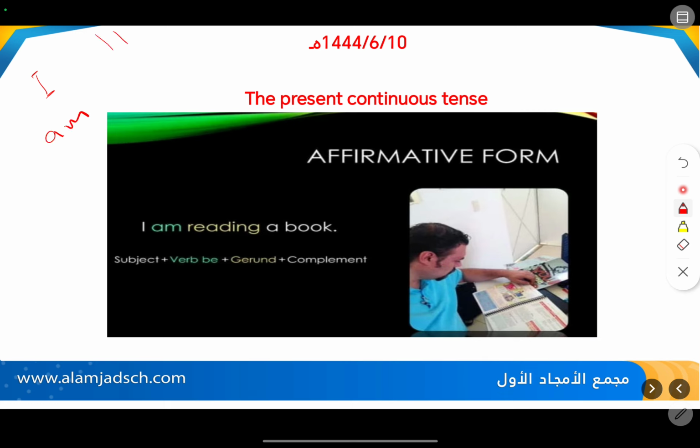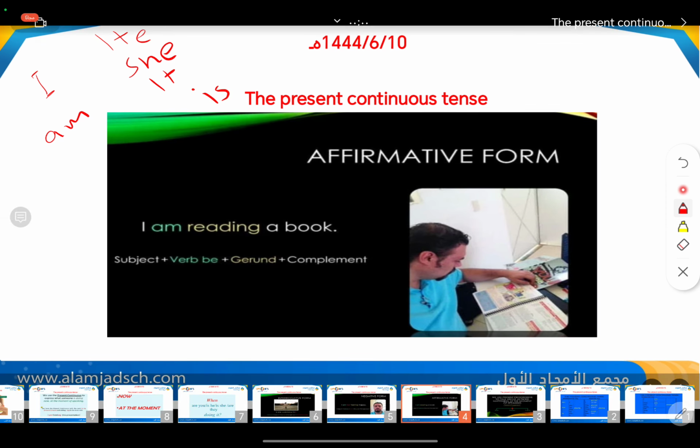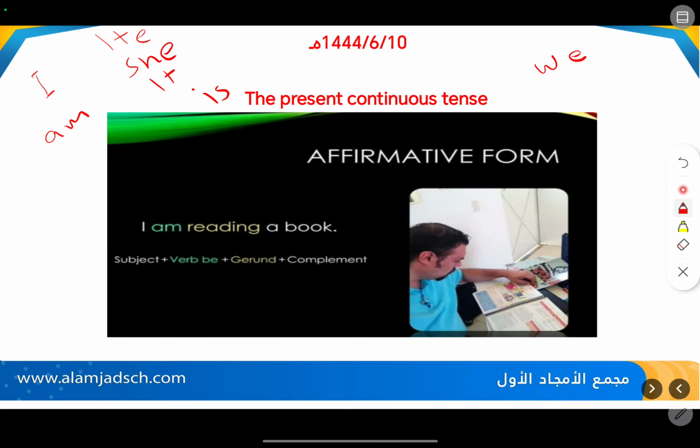With he, she, and it will be is. And the last thing, with we, you, they, it will be are. And here we have I, so verb to be will be am.